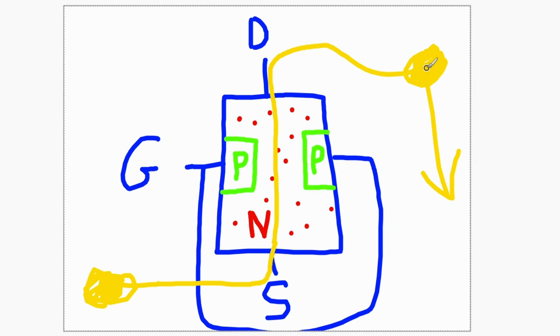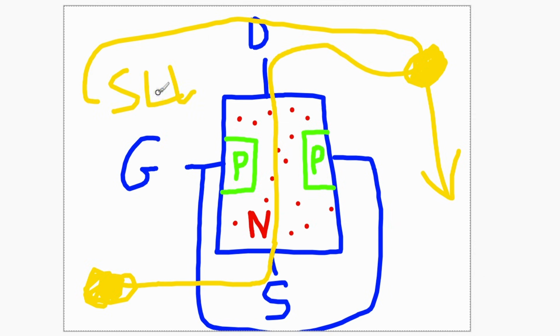Then another bit forks off here and does some slew stuff, and that produces control voltage, and that controls the gate, something like this.